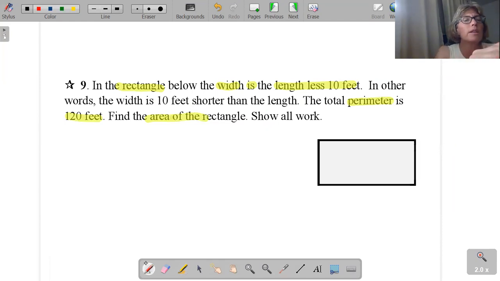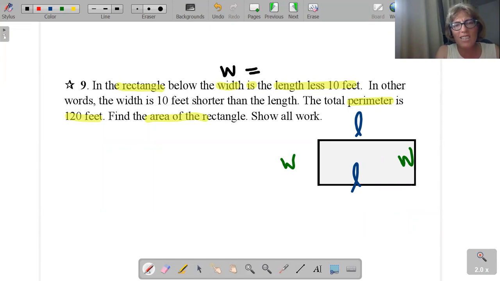Start labeling the diagram. Always label your length, which is your longer side, and your width, which is your shorter side. It says the width is the length less 10 feet. In other words, the width is 10 feet shorter than the length.